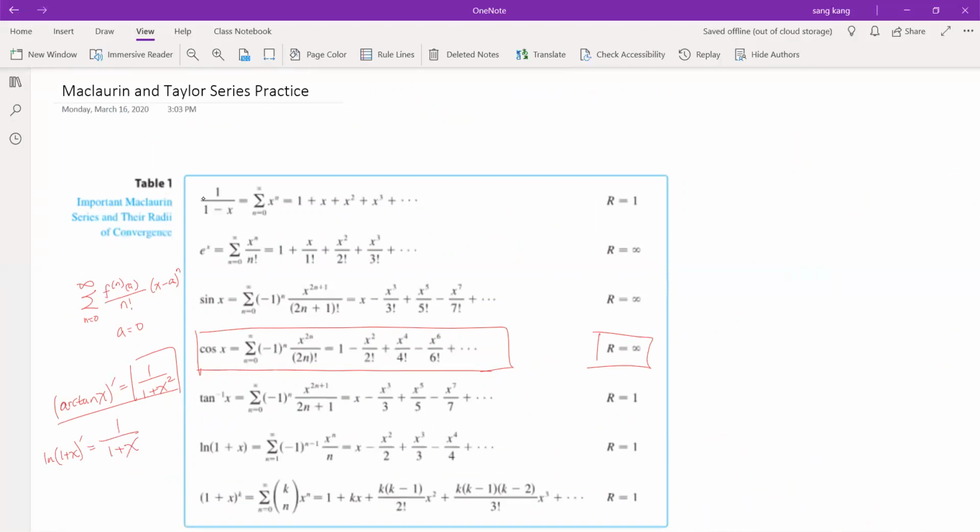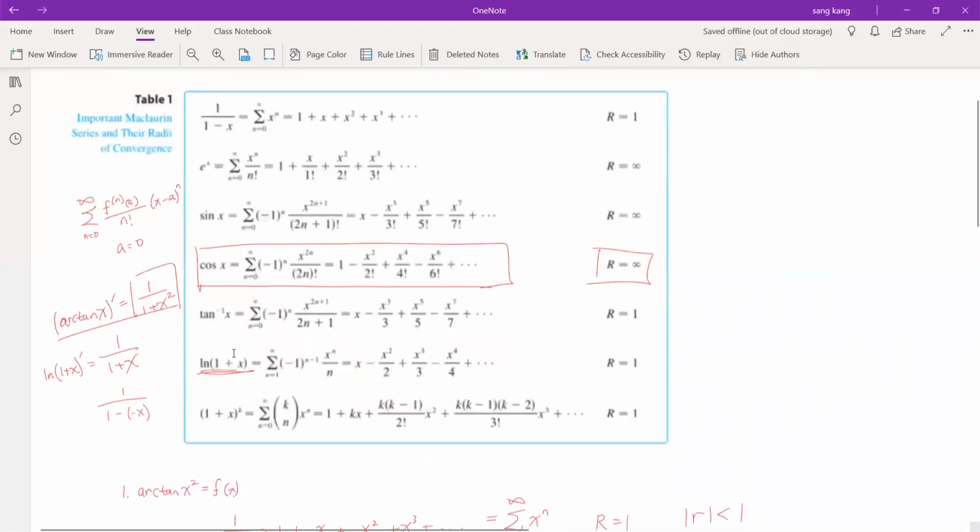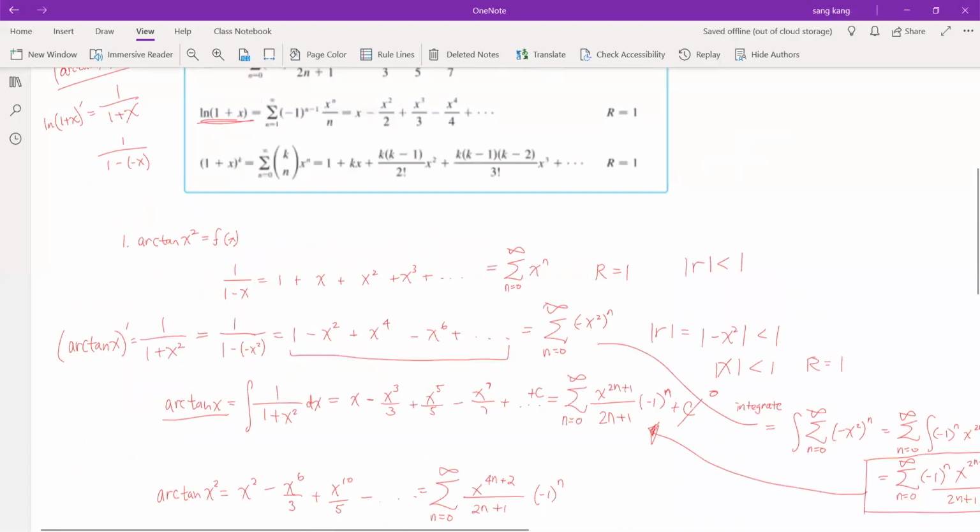So it makes sense that we can start with the geometric series 1 over 1 minus x, replace x with minus x, then integrate in order to get ln of 1 plus x. So that's kind of the strategy. If you didn't have this memorized, or if you weren't given this series, you can always start with the geometric series and derive it.